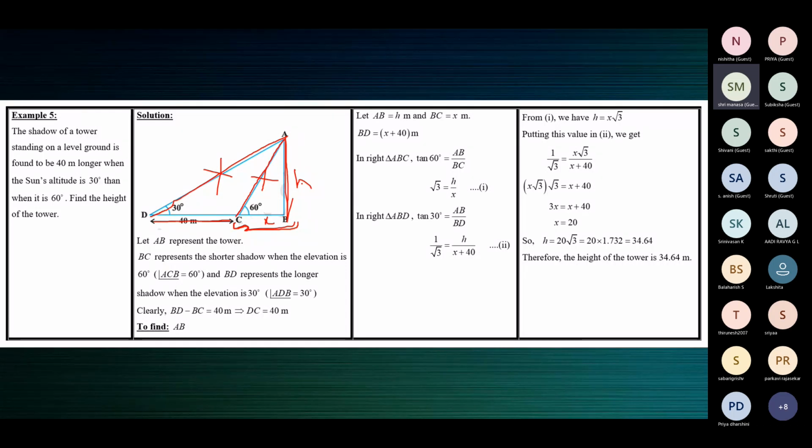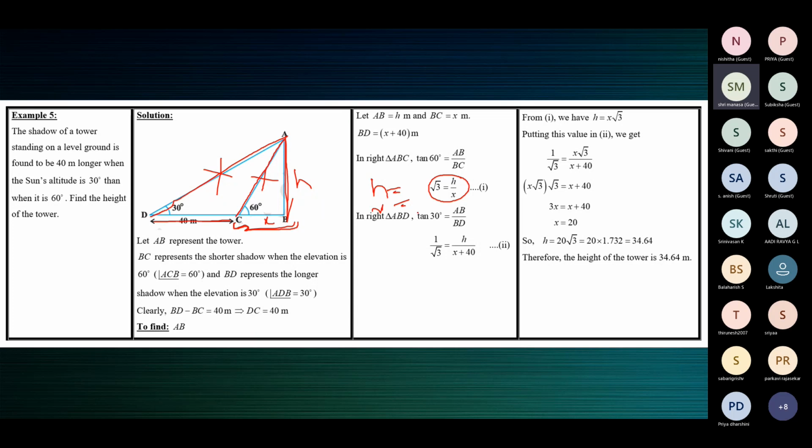So labeling is actually more convenient to work with. Now we have got the methods. Whenever you have two unknowns in one equation, you can write this one as H is equal to something or X is equal to something.